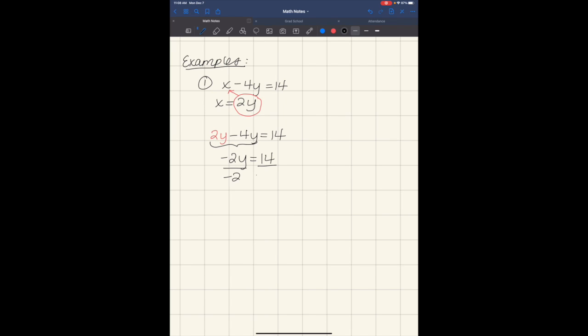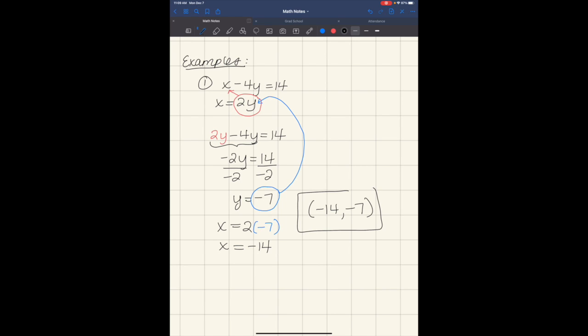Then I'm solving for y, and I get negative 7. Then I'm going to take negative 7 and plug it in to either equation for y to solve for x. So I get negative 14 for x, and then my answer is written as a coordinate, negative 14, negative 7.